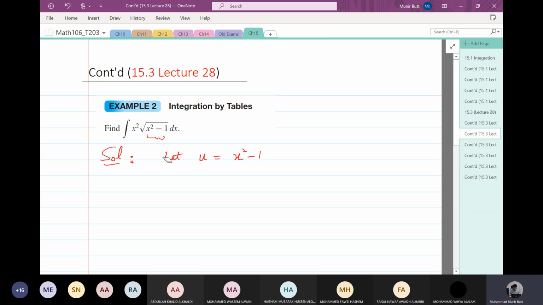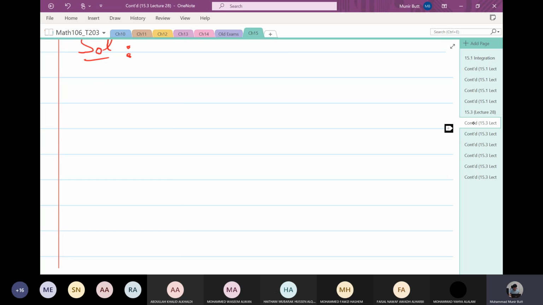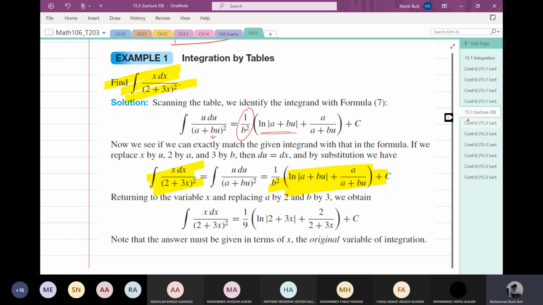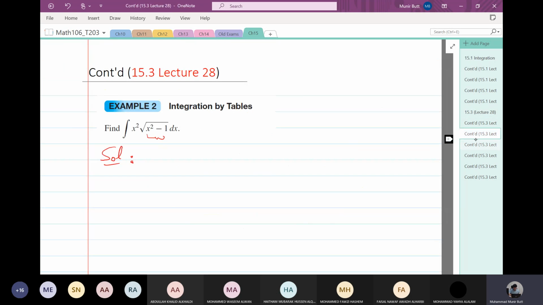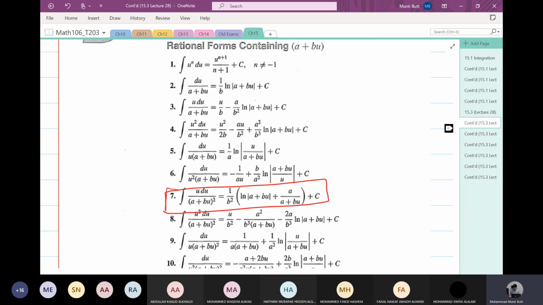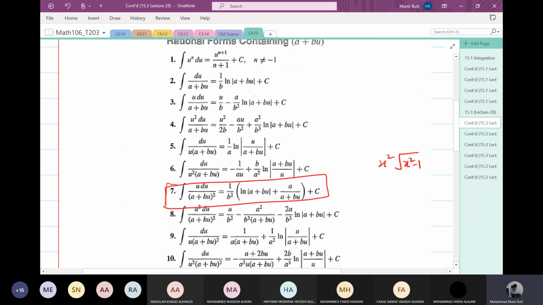So you just see the list of formulas, and for example, x square, square root minus 1, x square, and x square, square root minus 1. So we are looking for this formula. So can you check where it is?